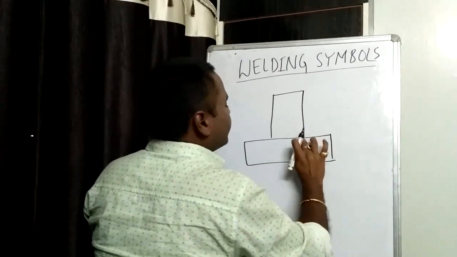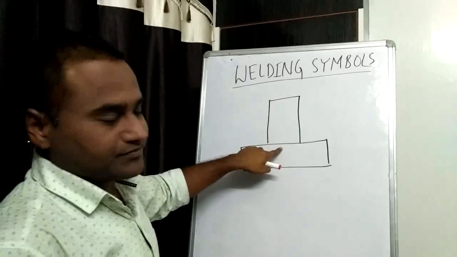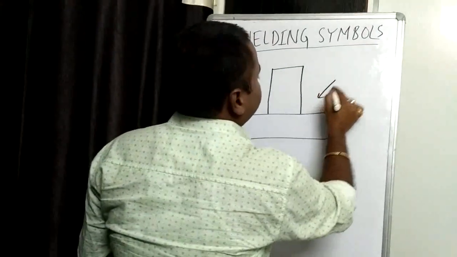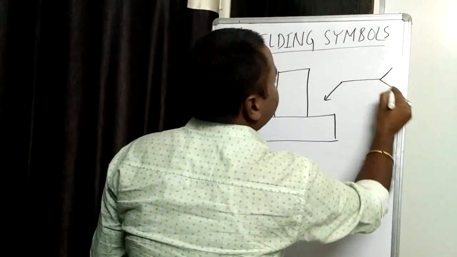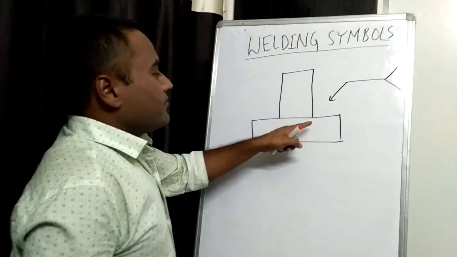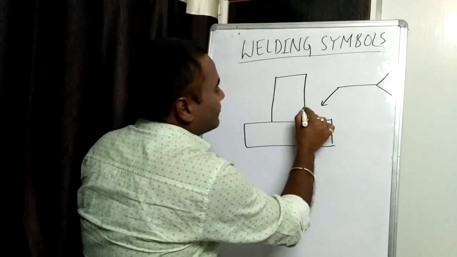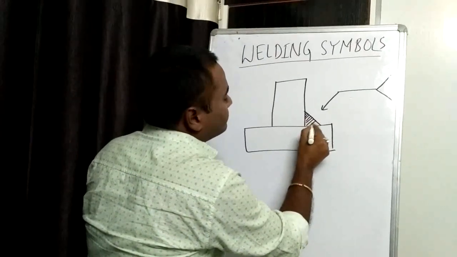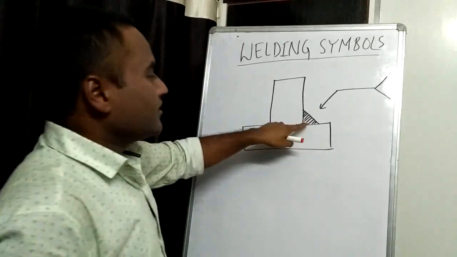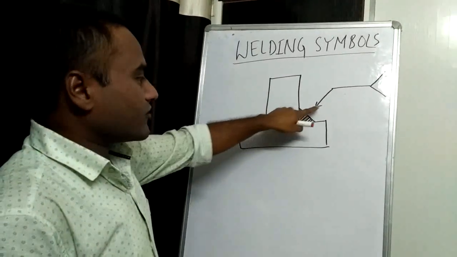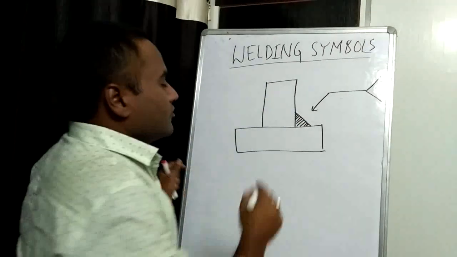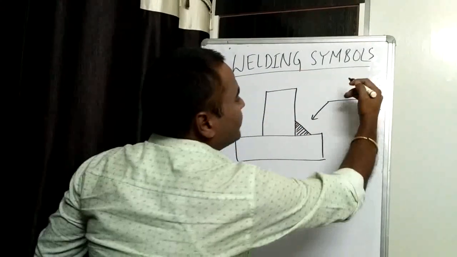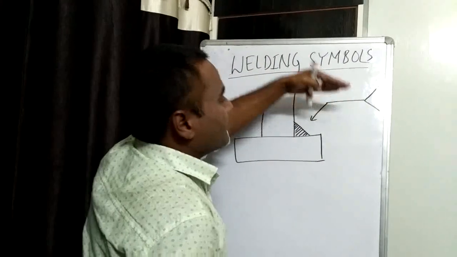So first we'll take the example of a fillet joint. If I have to show welding over here, a fillet joint on this location, fillet joint on arrow side, then to show the fillet joint on arrow side, the joint symbol will be given below the reference line.